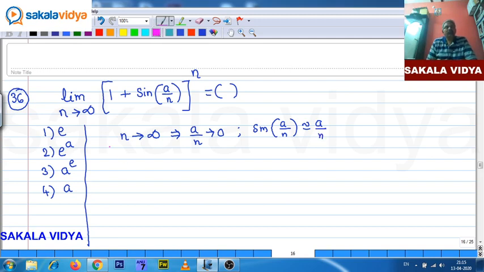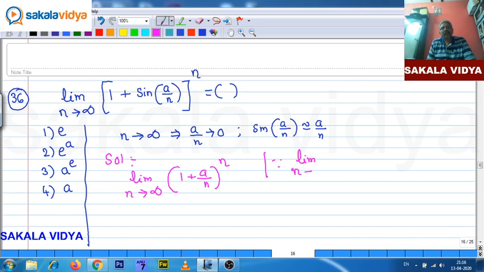Now the solution becomes: limit n tends to infinity, (1 + a/n) whole to the power of n. So we have one formula: limit x tends to infinity, (1 + a/x) whole to the power of x is equal to e power a. Same, this is equal to e power a. The second option is the right option.